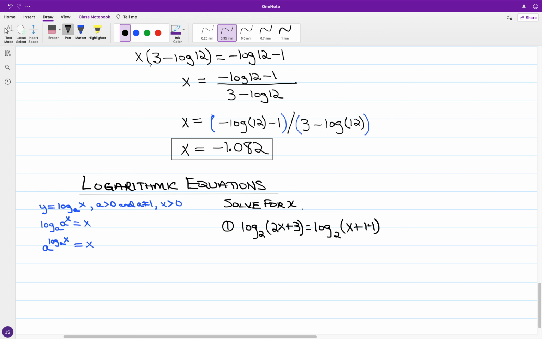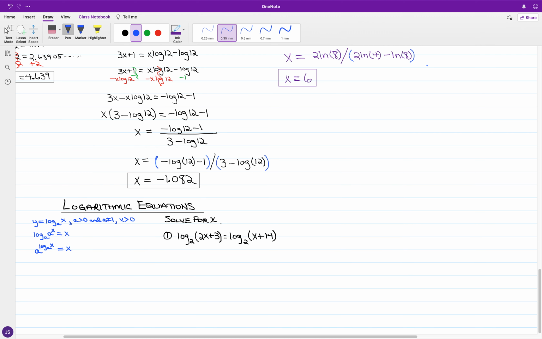Now I'm just going to mention, from the first rule, whatever I have attached, you have base a represented by base 2, and x represented by 2x plus 3 on the left and x plus 14 on the right. If you notice, the attachment must be positive, so I'm just going to write that whatever we have for x, both 2x plus 3 and x plus 14 must be positive.